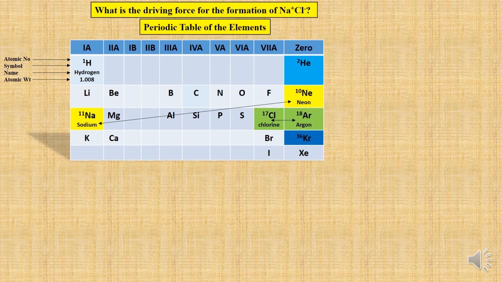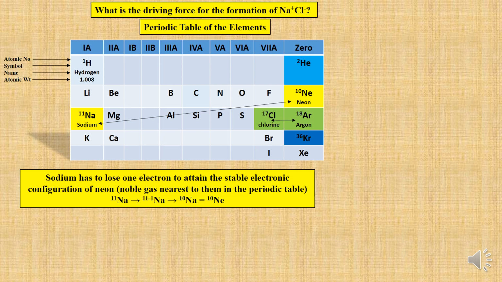Now, sodium loses one electron and thereby attains the electronic configuration of neon. This is because the only noble gas nearest to sodium is neon. Now you may ask why sodium cannot attain the electronic configuration of helium or argon.